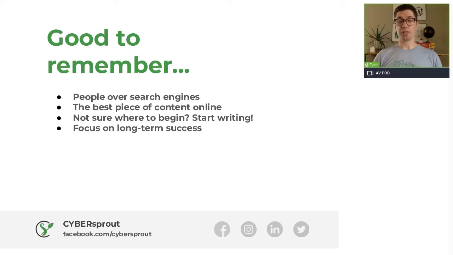If you're not sure where to begin, we talked about picking targets. Just go ahead and start writing about the things that you specialize in, the stuff that you know the best, the stuff that you like to write about that you think your clients are going to want to get some insight on.